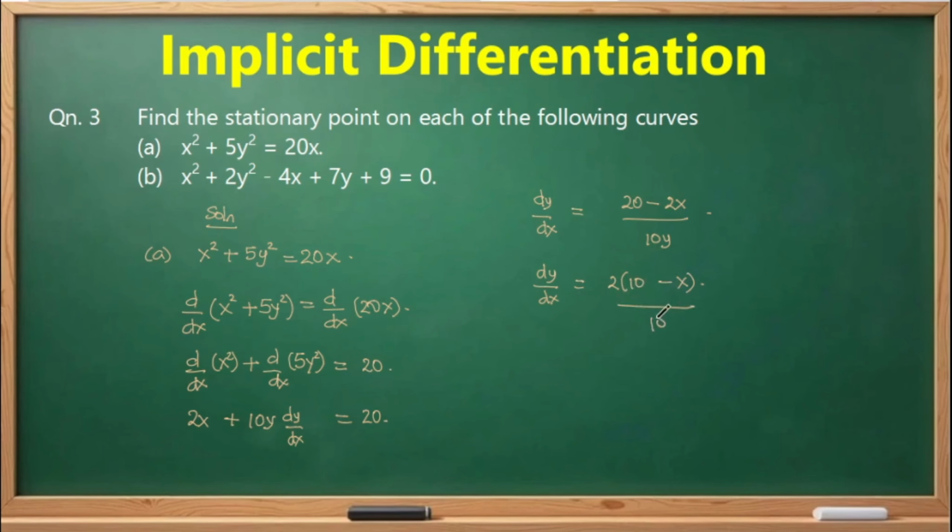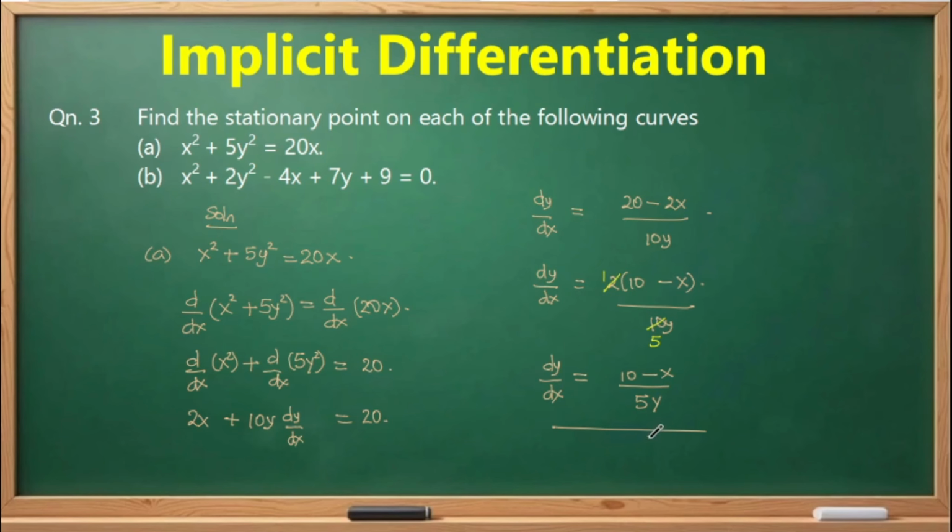Then we have 10y, and you can reduce this by 2, so 5y will be the denominator. So dy/dx equals 10 minus x all over 5y.